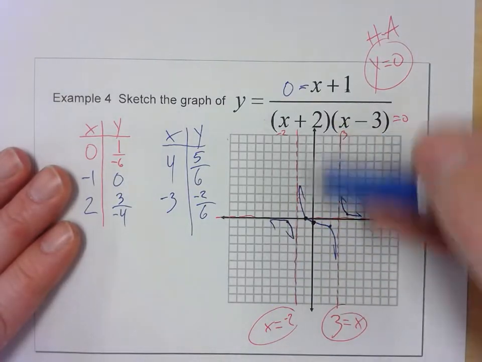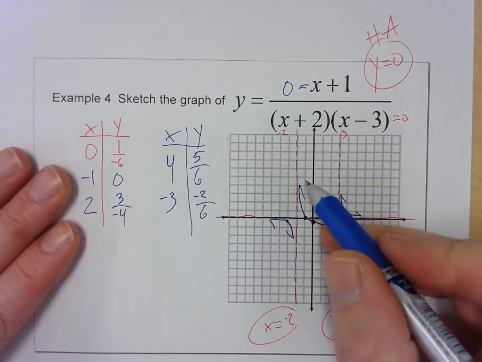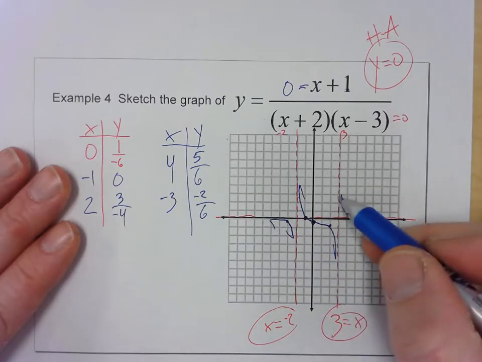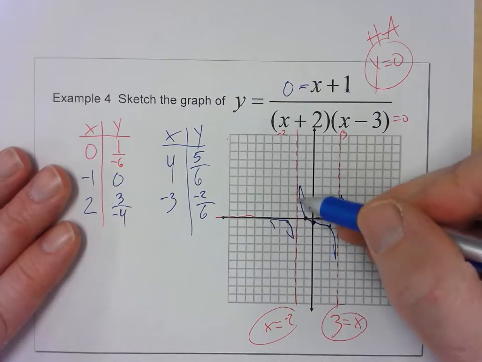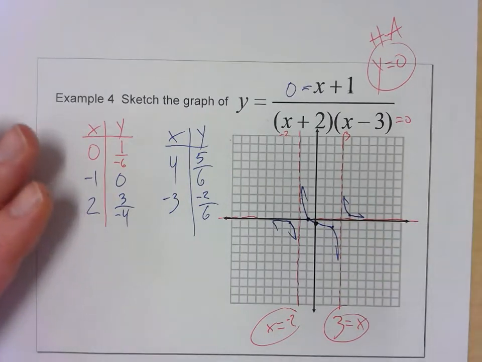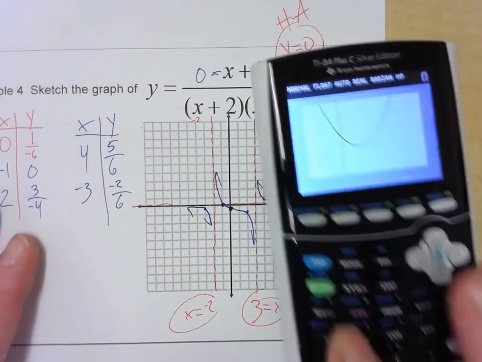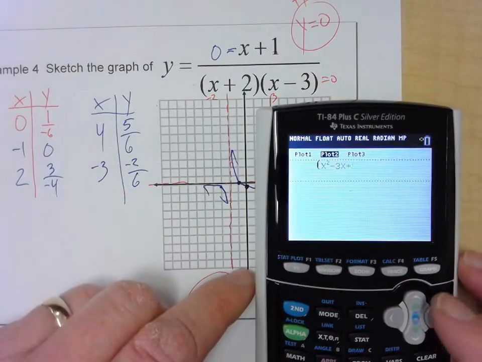So there's vertical boundaries and a horizontal boundary, so it has to curve in this region, snake through an S like this, and then like so. Now sometimes these center parts are like a U shape kind of thing, but it just all depends upon the problem. Okay, let's type this in and see if we did it right.